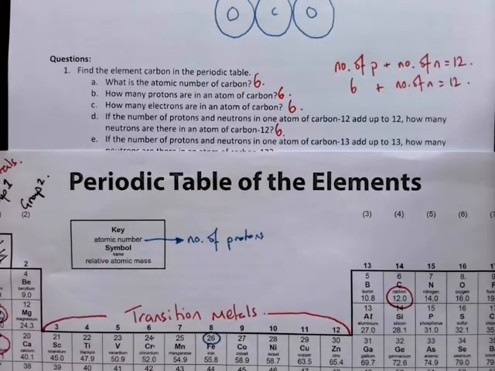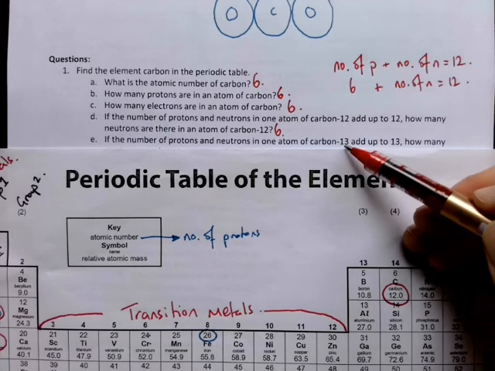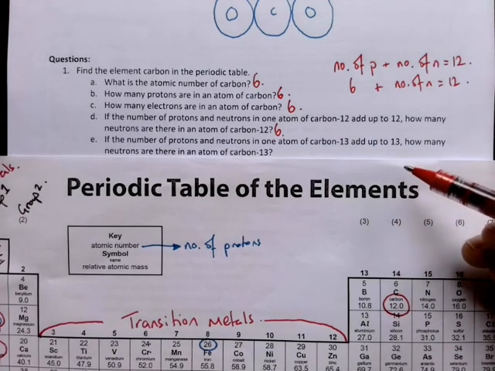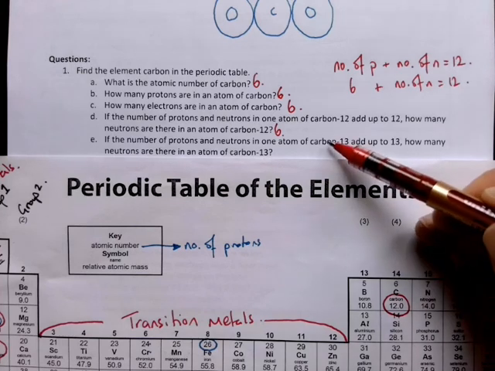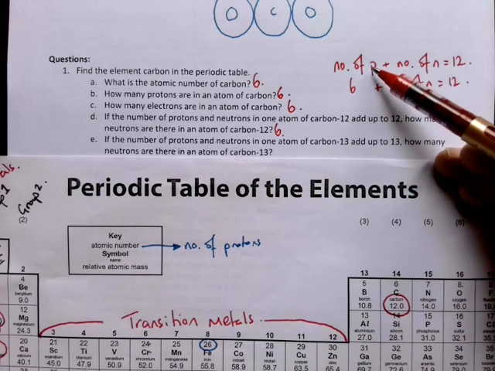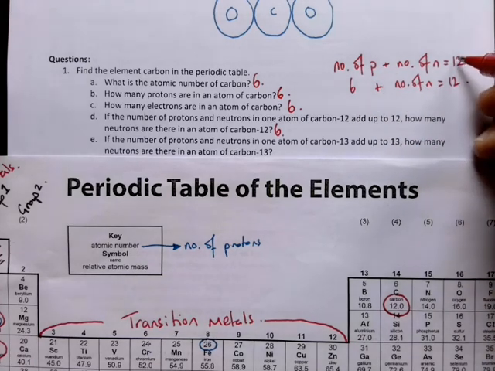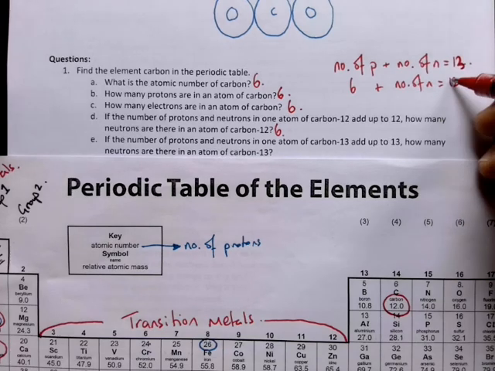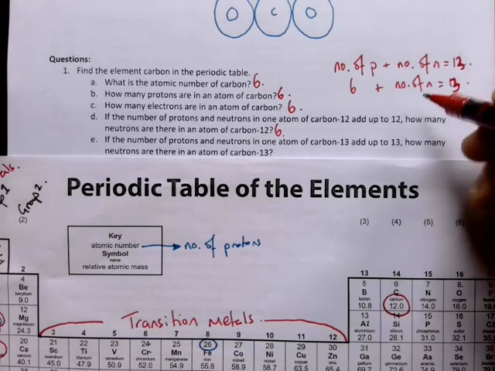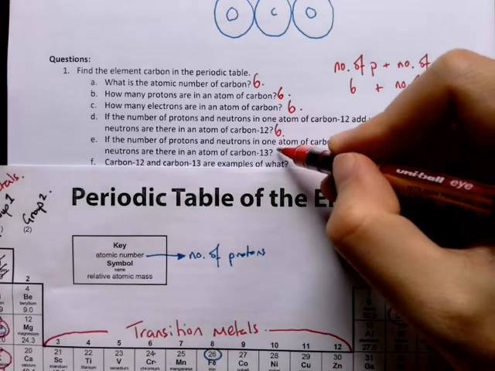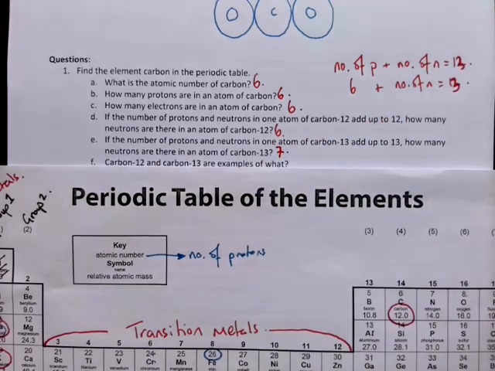Now, if the number of protons and neutrons in one atom of carbon 13 add up to 13, how many neutrons are there in an atom of carbon 13? Well, it's still carbon, so the number of protons still has to be 6, because if it wasn't 6, it would be another atom. But now, instead of 12, the total is going to be 13. So now the number of neutrons, 6 plus what gives you 13, is going to be 7.